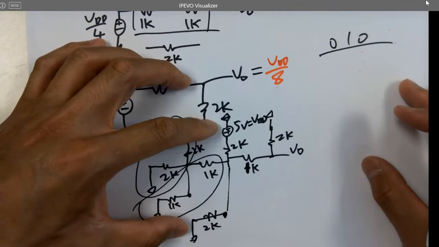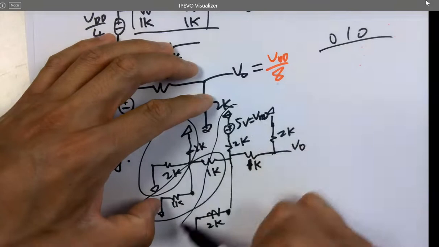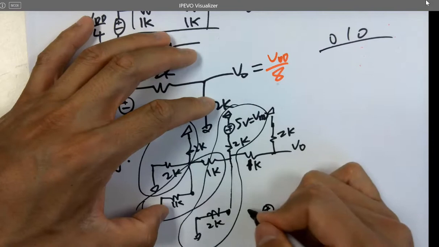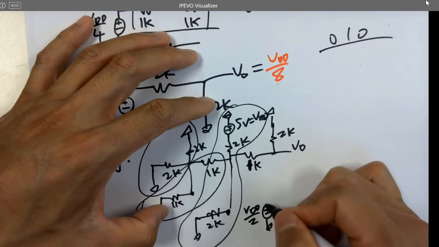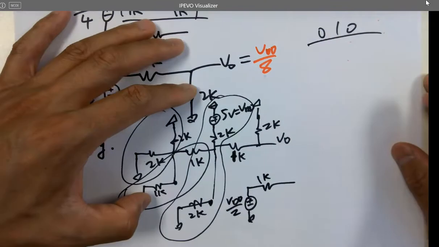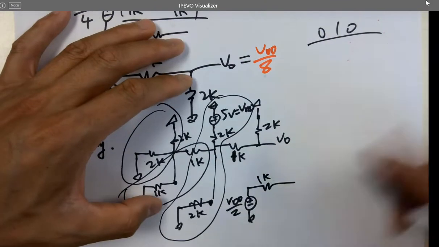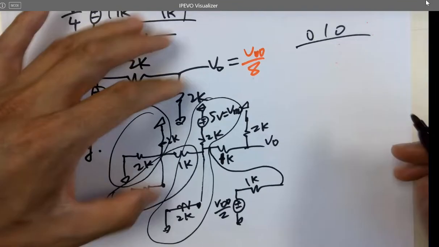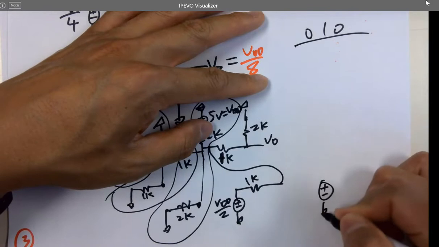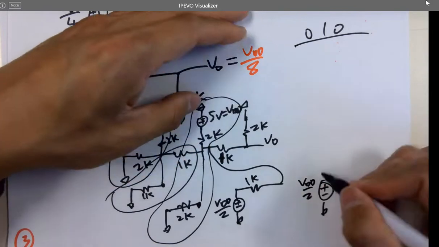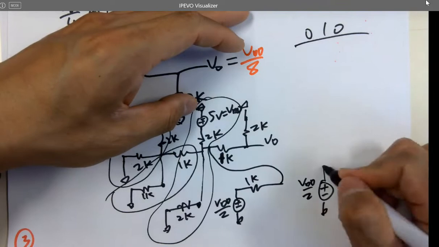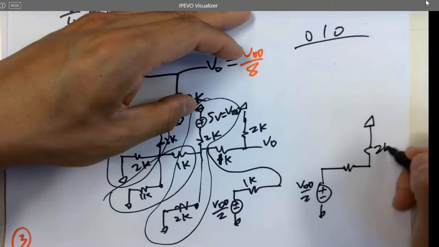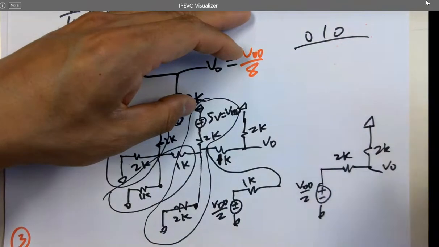You do Thevenin's, and you can convert this network over to VDD over 2 and then 1K, that's a Thevenin equivalent, being shorted to here. Then it becomes VDD over 2, and you get 1K plus 1K is 2K, and 2K. Here's VO. So what is VO?